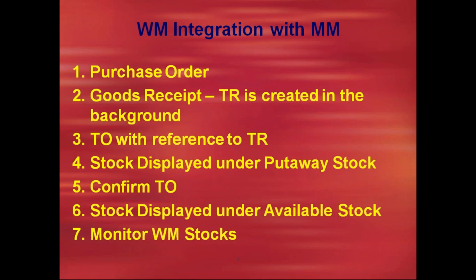It means it is ready to place the stock in the warehouse, but still it is not placed. Then we'll confirm the transfer order and stock displayed under available stock. We monitor the WM stocks. So after GR, this total part comes under warehouse management.